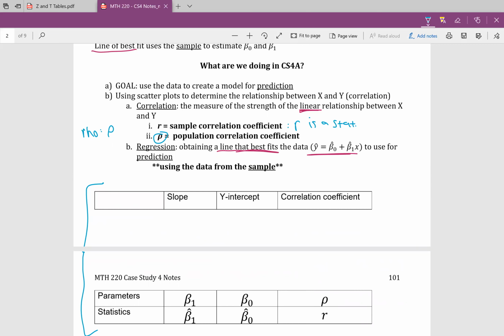It has the hat when it's going to be that estimate for us. The y-intercept parameter is beta naught. The y-intercept statistic is beta naught hat. Correlation coefficient, that's what we talked about right up here, still visible on the screen. We have the symbol rho for our parameter, and we have the symbol R for our statistic of correlation coefficient.